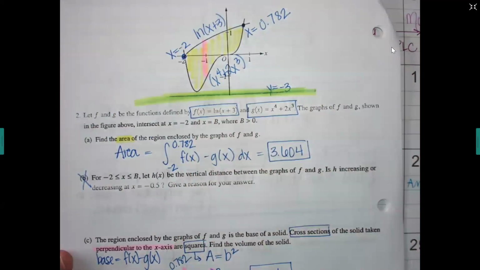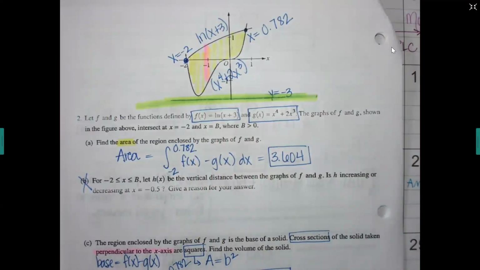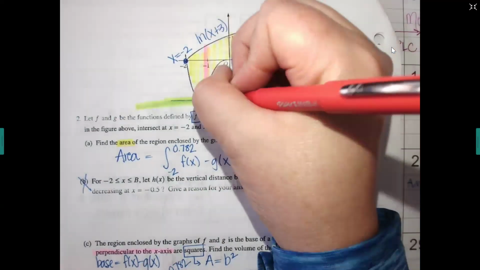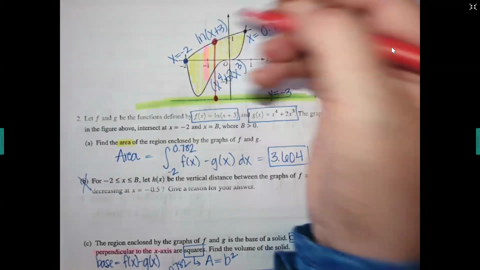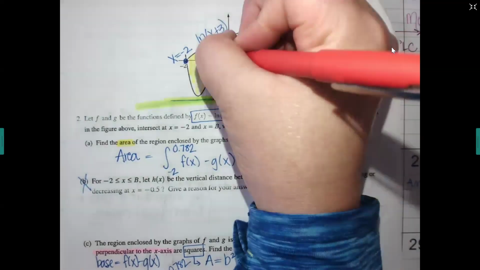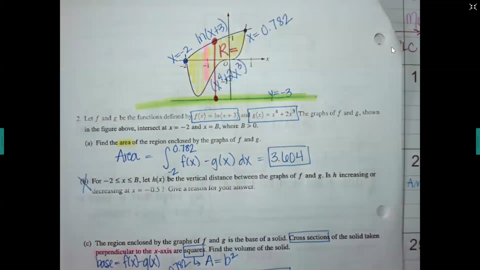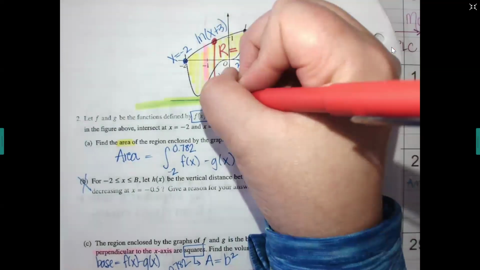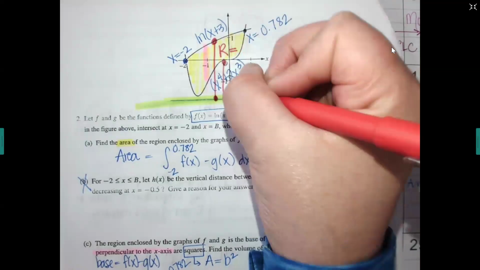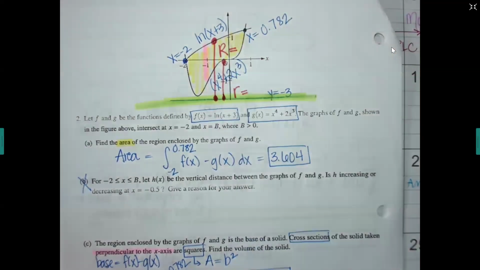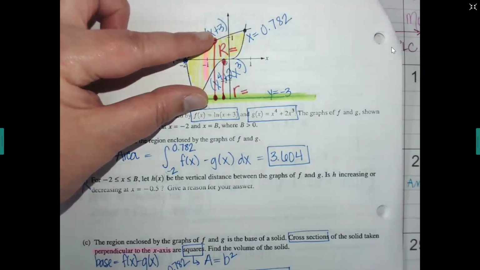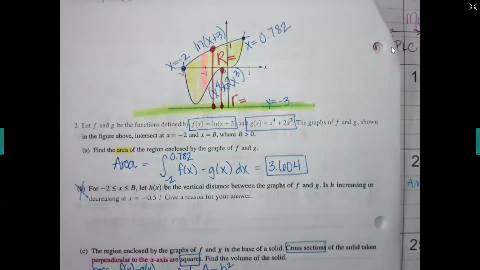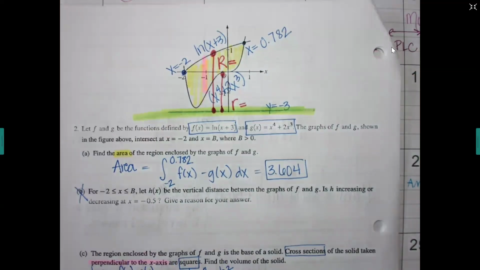So your big R should start here and go to the farther away function. That's big R. And then little r goes from here to the closer function. That's little r. But notice they're both top minus bottom because of how the region is set up. For my capital R, what is the top of it touching?